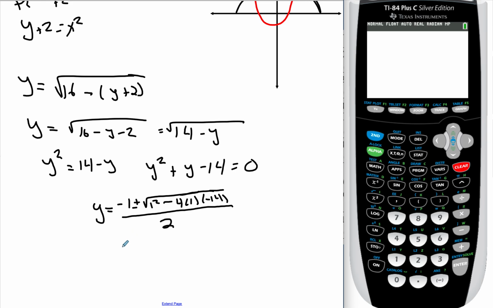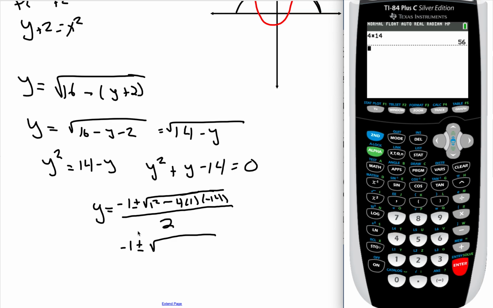Now, I'm going to go ahead and solve this. So I've got -1 plus or minus. How about we do 4 times 14? 56. So 1 plus 56 divided by 2.